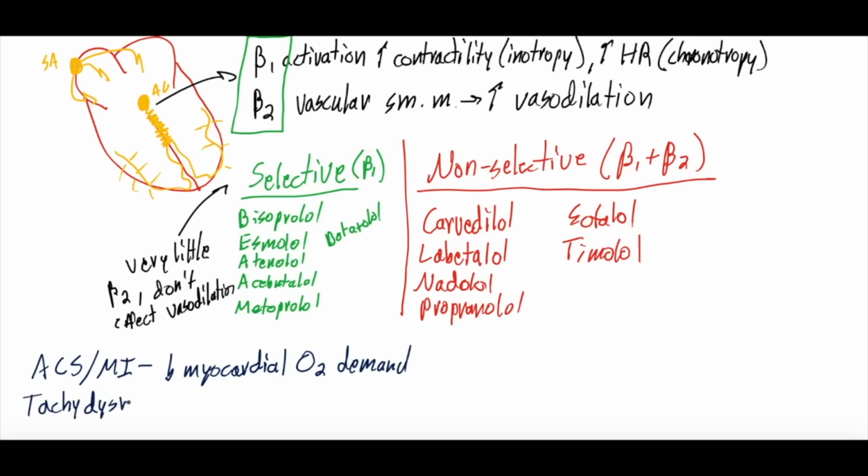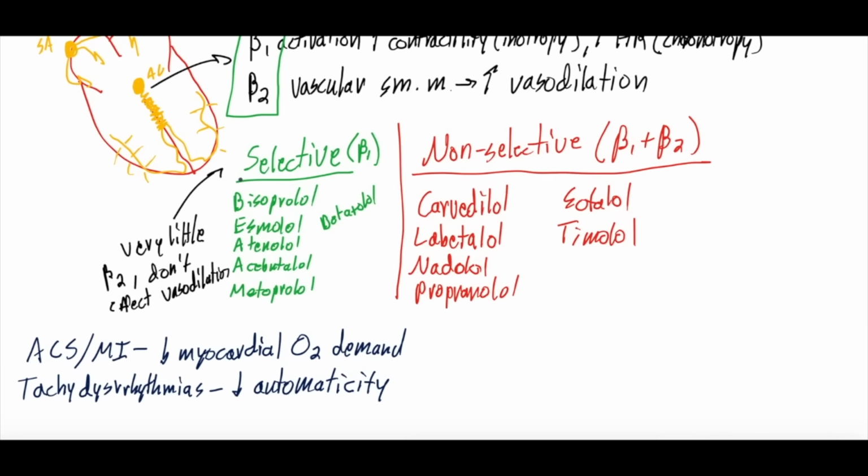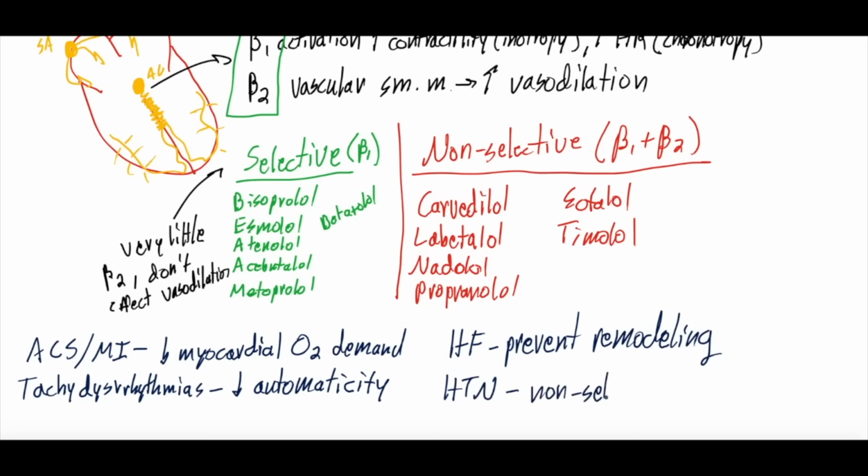Dysrhythmias, because they decrease automaticity by decreasing the release of epinephrine and norepinephrine and inhibiting that beta 1 receptor on the nodal tissues. All right. They're used in heart failure as well because they prevent myocardial remodeling. And then, although they're not your first, or second, or really third line drug, sometimes they're started for hypertension, specifically the non-selective, since they also can affect peripheral blood vessels.